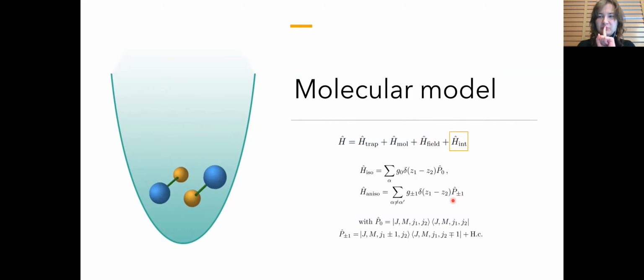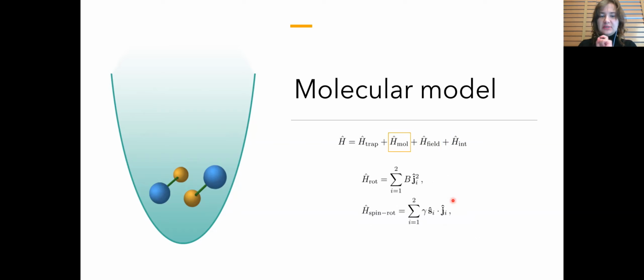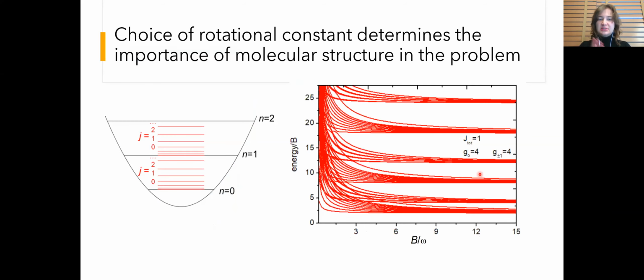Okay, so before I move on to the results, I'd like to discuss one thing, namely the role of this rotational constant in the model, because it turns out that in the first approximation it really determines the importance of the molecular structure in the problem.